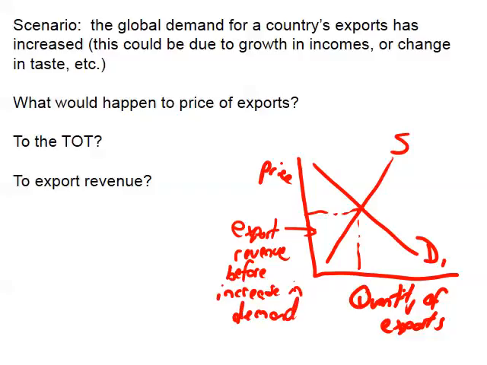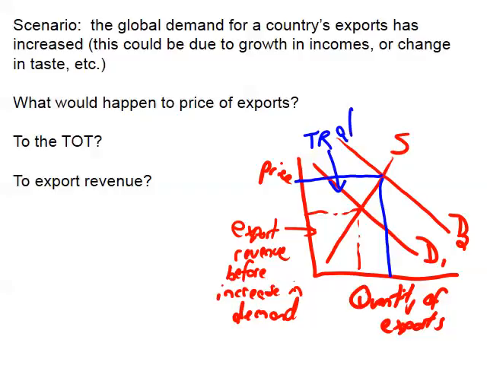And now we compare and contrast that with an increase in demand, D2, and this is total revenue after the increase in demand.